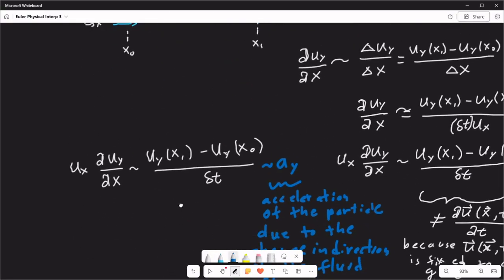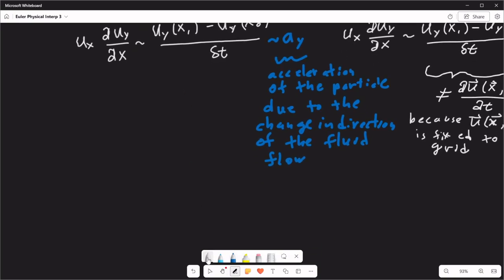So if this is written out in its complete form, in the more general form, there's not just this ux duy dx term. There's actually all three terms. So there's a term ux duy dx. There's also a term that's analogous, which is uy duy dy.